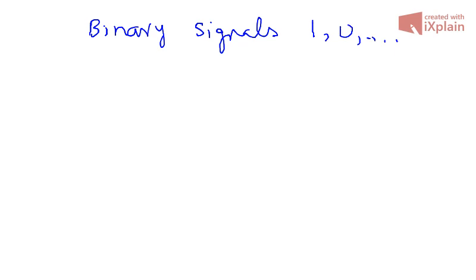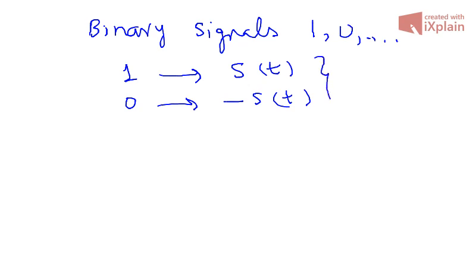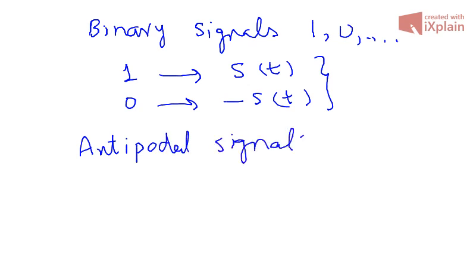So for a binary one, suppose we are transmitting s of t, and for a binary 0 we are transmitting minus s of t. So if you observe, these are known as antipodal signals. Suppose this is the transmitted signal.